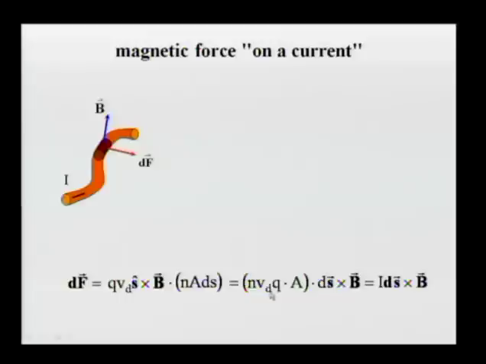So now this v_d says which particles will actually cross the surface. So all particles whose distance is smaller than the magnitude of drift velocity times 1 second will cross the surface in 1 second.